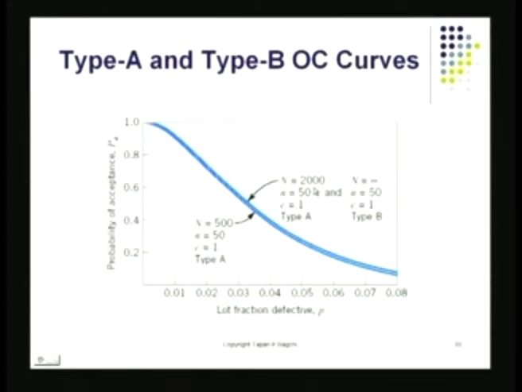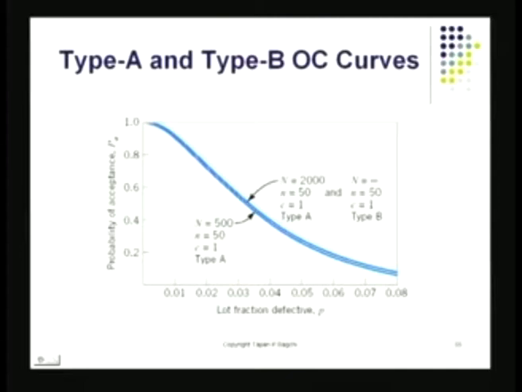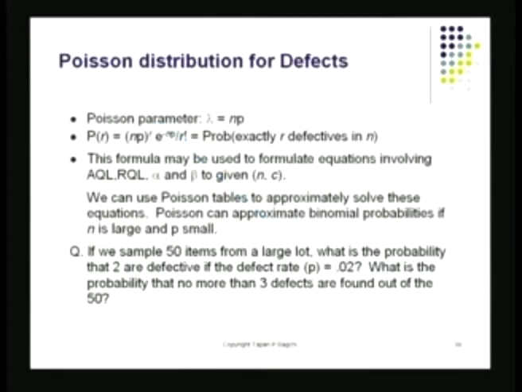If I look at infinite size lots, which happens sometimes when the supply is such that the truck size is very large, or I've got continuous production by the supplier feeding my factory, then of course the supplier's lot size is very, very large, and I could be using the type B curve there. Now these are only to indicate to you that as far as large lots are concerned, there is not that much difference in the OC curve.